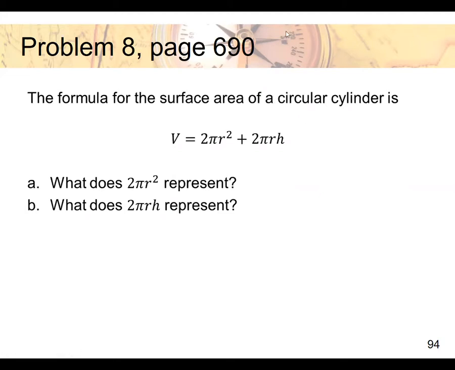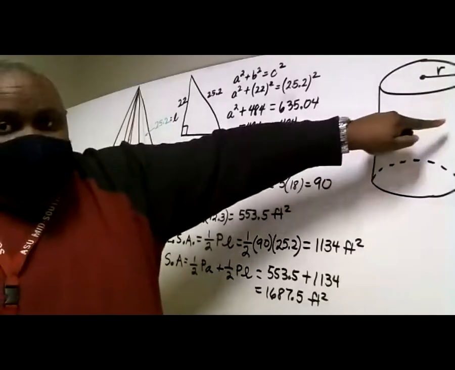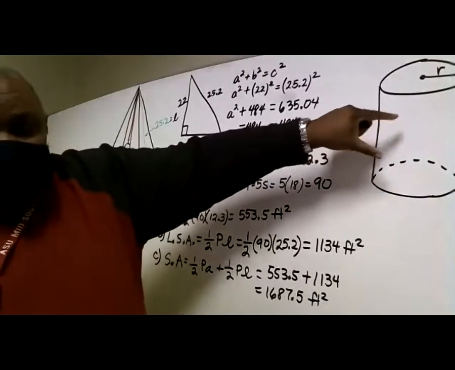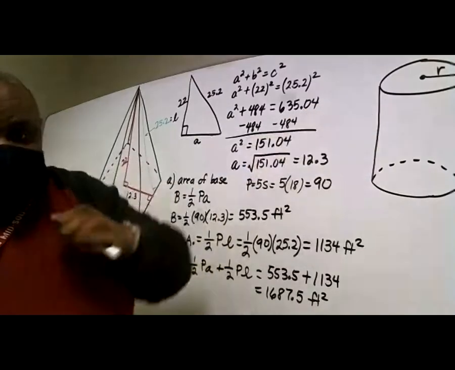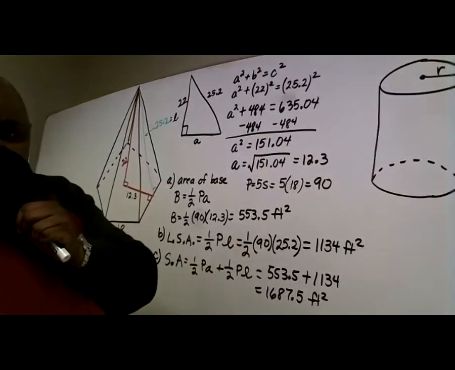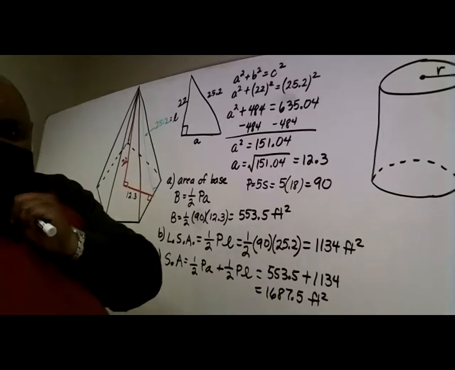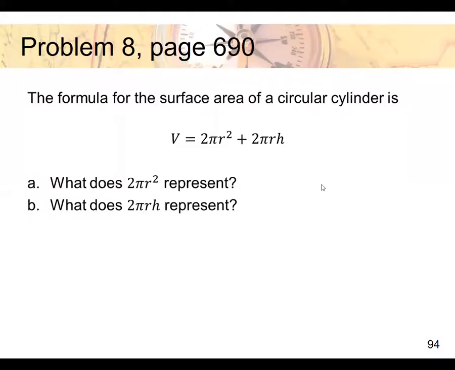If you look at this part right here, it's hard to see, but when you flatten this out, that's the lateral surface area of that cylinder. Okay. All right, any questions about problem number 8? Okay.